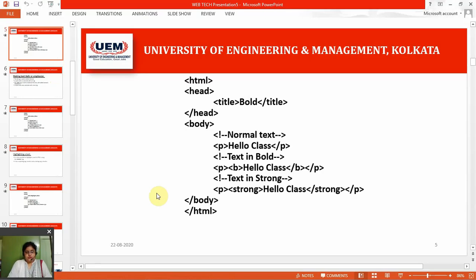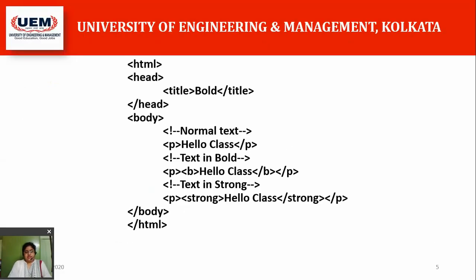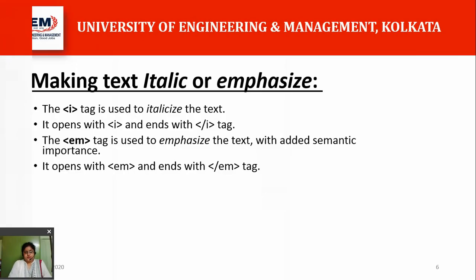So the next option for formatting a text is making text italic or emphasized. Like in Microsoft Word, in hypertext markup language also, a text can be italicized or emphasized. The I tag is used to italicize the text. It opens with I and ends with /I tag.